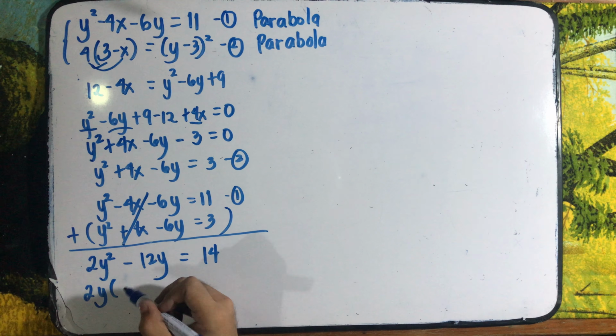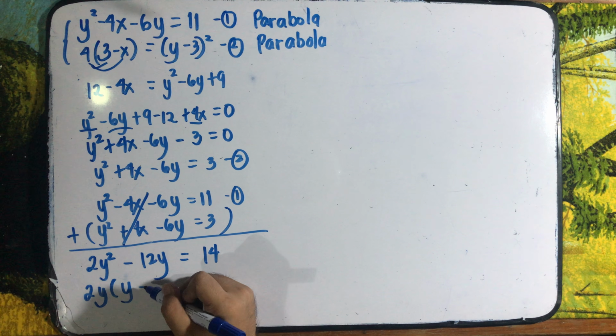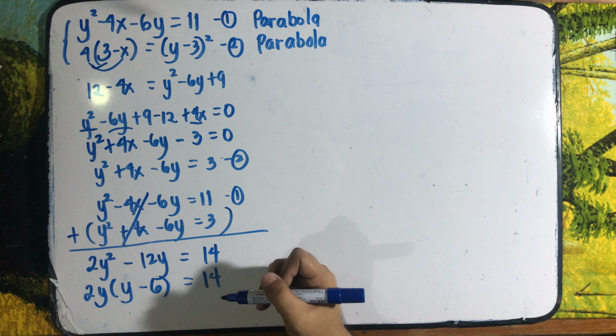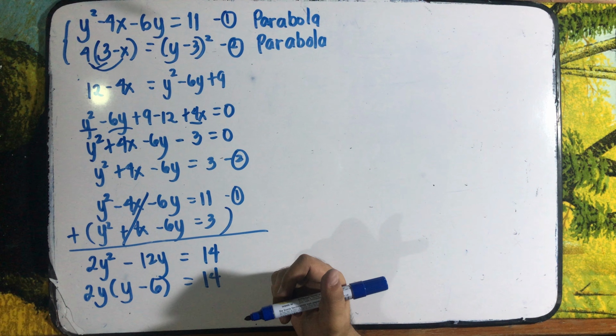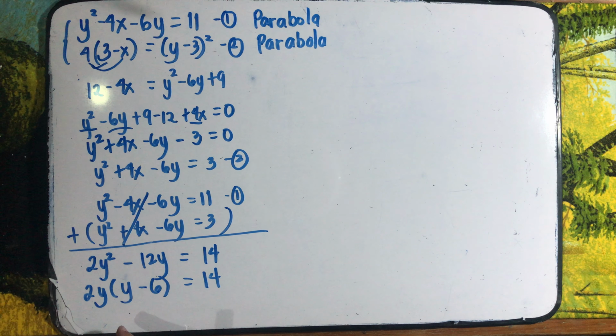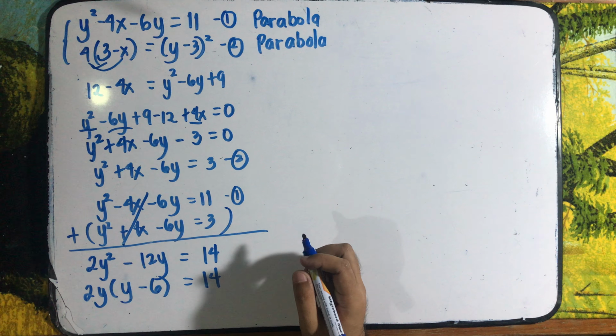And this becomes 2y times y minus 6 is equal to 14.